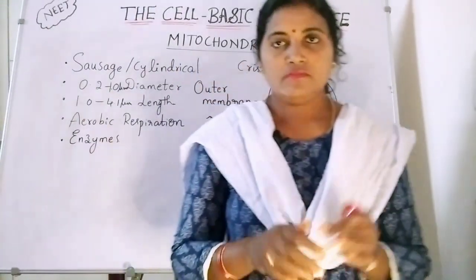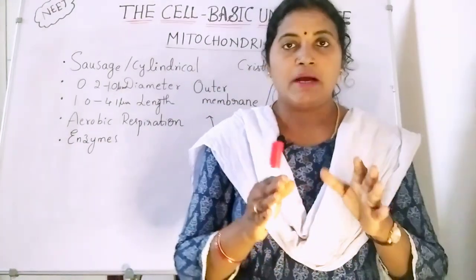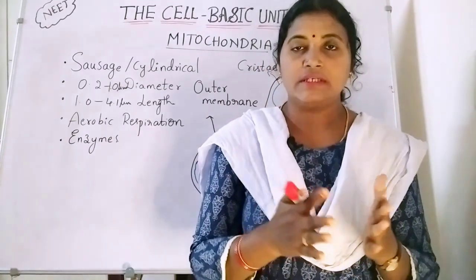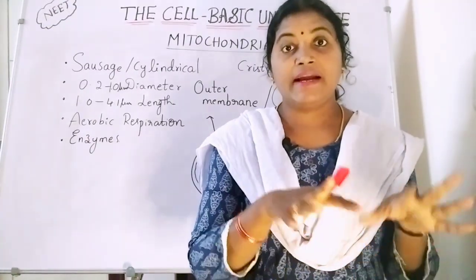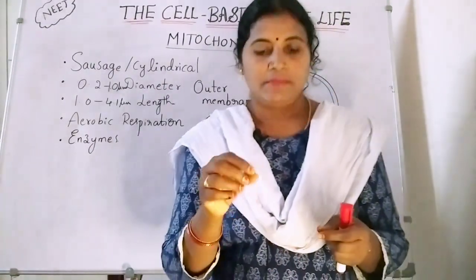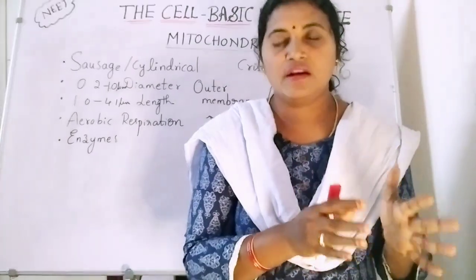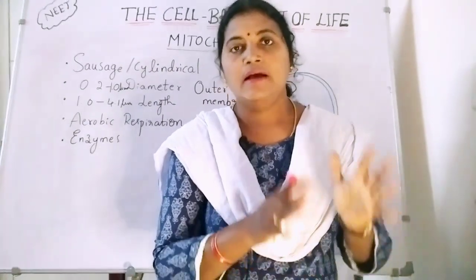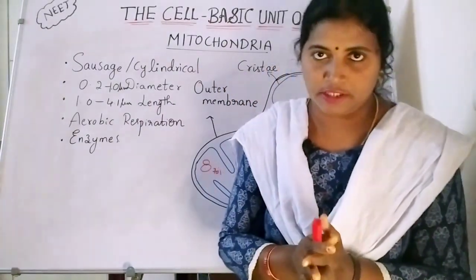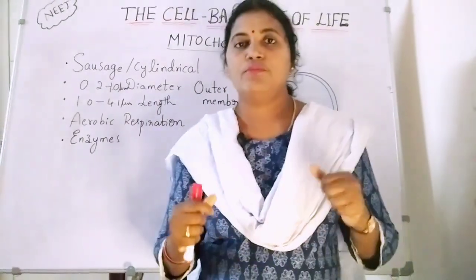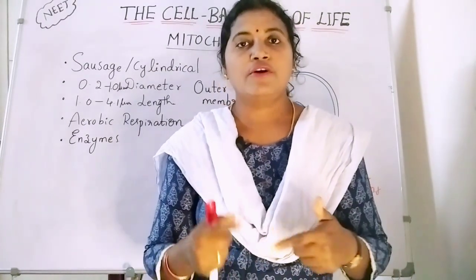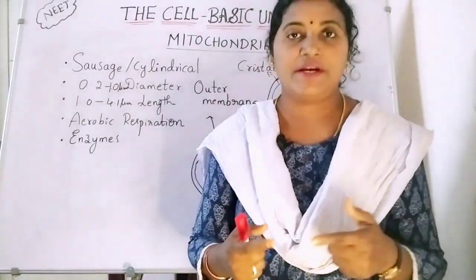So here mitochondria, listen. The mitochondria number depends on the structure and functions. Mainly if we want more energy, that particular cell, tissue or organ will have a greater number of mitochondria. For example, if you want more energy in the muscle cells, automatically it contains more mitochondria.